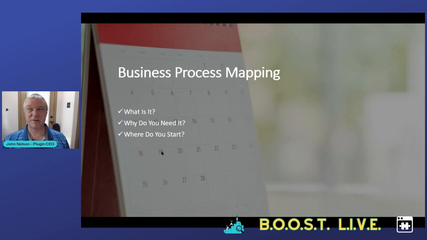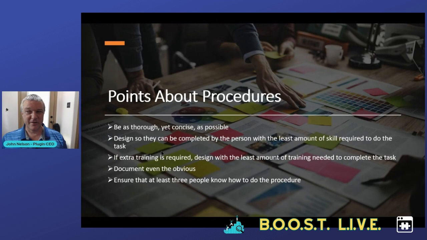This is where a business process map can help a lot, because you do some of the exact things we were just talking about a second ago. You take all of this into consideration. You design it so the person with the least skill set or the least certification can do this, so that 2 or 3 people can cross train on it.